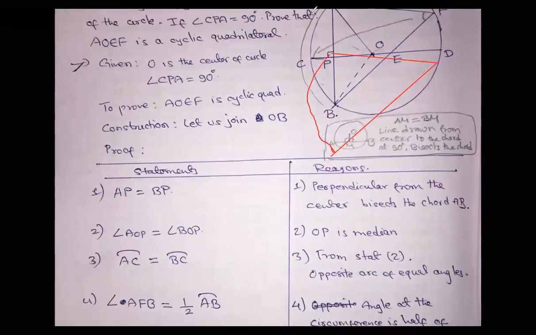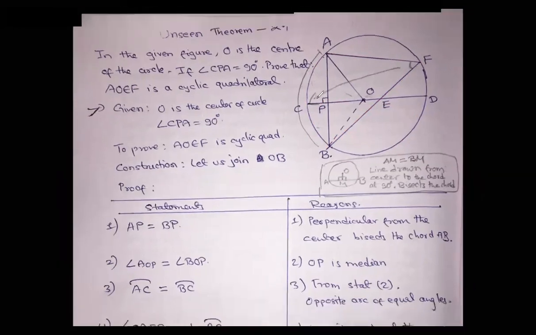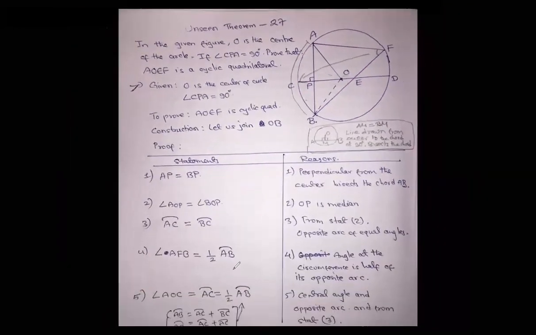So this line is half of AB. Correct? So why are they half? Because the angle is made on the circumference. The angle on the circumference is going to be half of the opposite arc. So the angle at the circumference is half of the opposite arc.